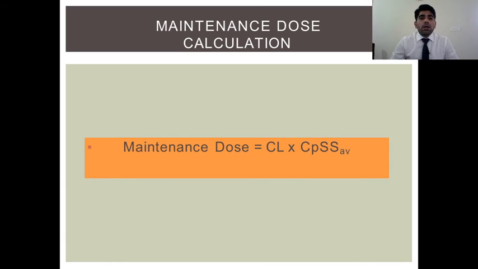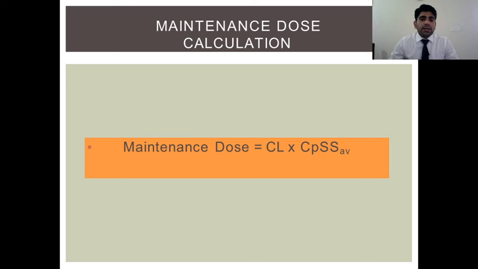So now we are coming to maintenance dose. Maintenance dose is the dose which is given after the loading dose only for the maintenance of that particular concentration which we have already achieved after the administration of the loading dose. So maintenance dose is always lower than the loading dose. So how can we calculate it?